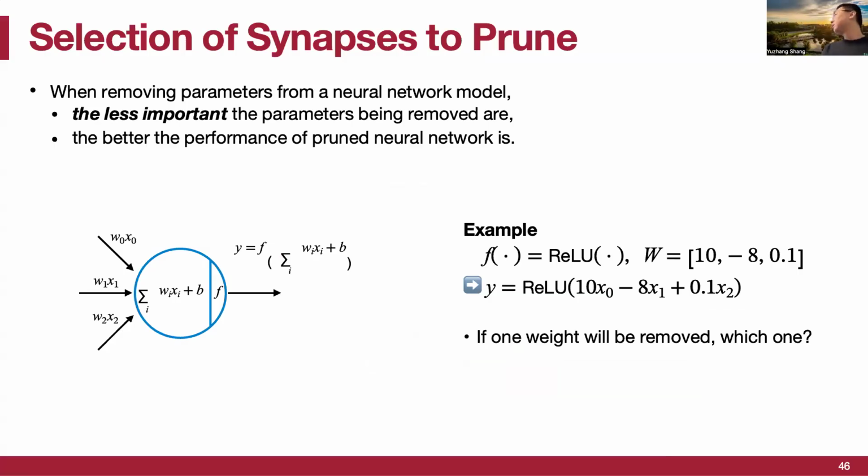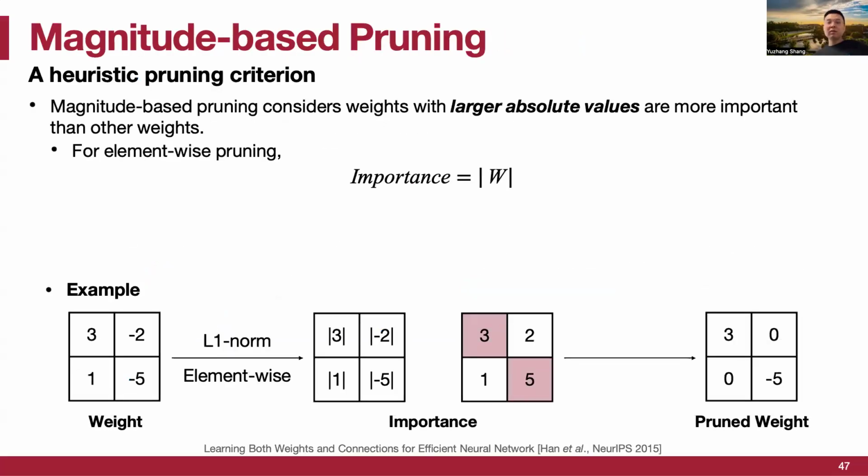So heuristically, intuitively, of those three elements, the simplest one to prune is this W2. For this heuristic pruning criteria, we call it magnitude-based pruning. Basically, these methods consider weights with larger absolute value to be more important than other weights.